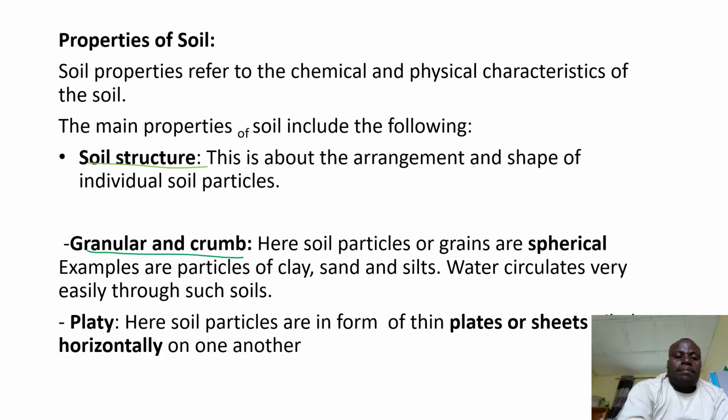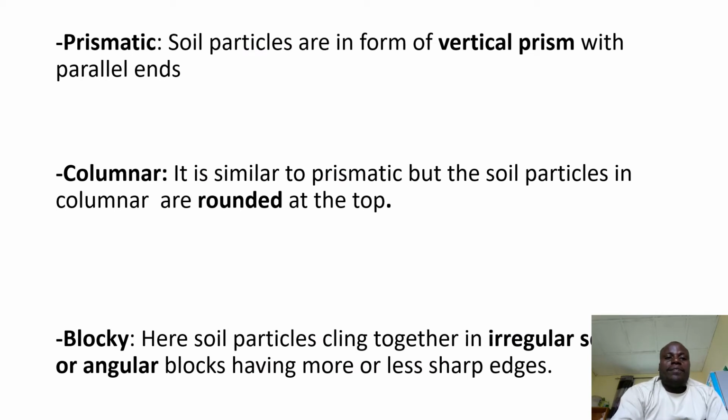Then we have plate. The particles in plate structure are in form of thin plates or sheets, and they are horizontally arranged on one another. Then we have prismatic soil structure.